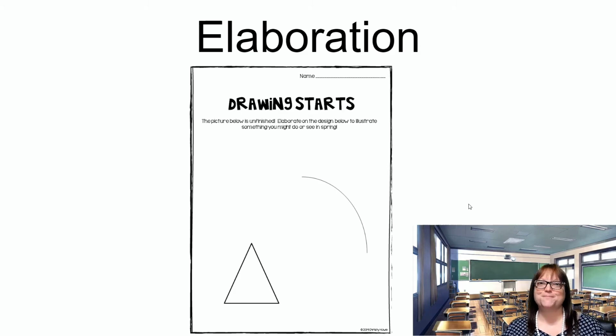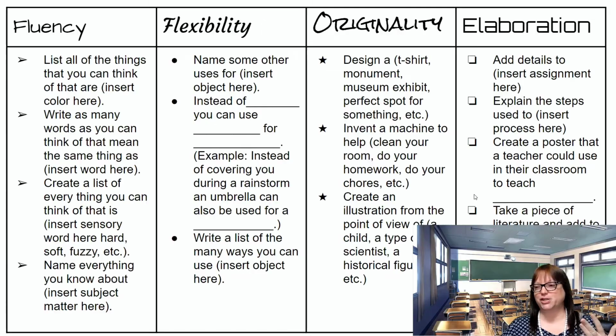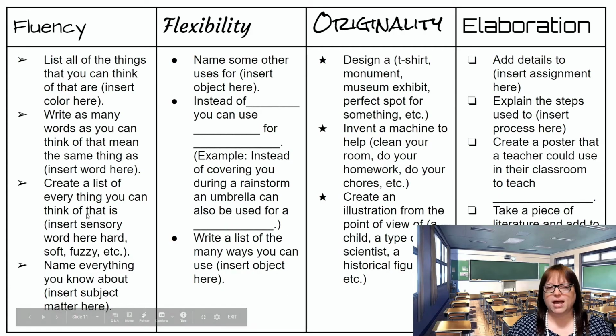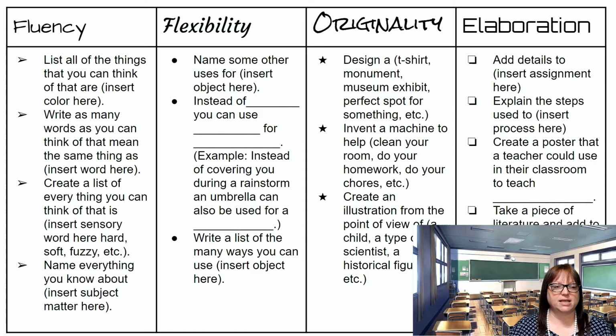FFOE, right? Fluency, flexibility, originality, and elaboration. One of the things that I have that I'm going to add to give to you guys is this chart that shows you some of the things that you can possibly think of. I've talked about a lot of these as we've gone through, and so I have a list here in Fluency, list all the things you can think of that are orange, purple, green, blue, whatever.